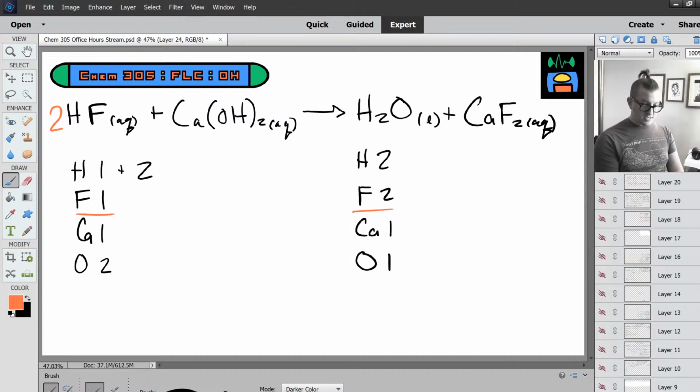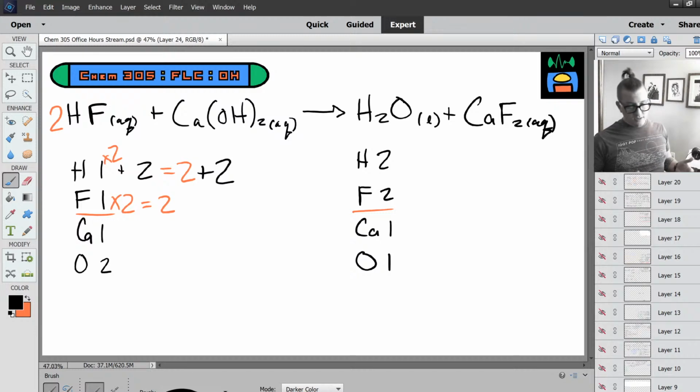You always want to go with what's easiest to balance, and the easiest thing that jumps out to me here is fluorine. We have one on the reactant side, two on the product side. We need two on the reactant side, so we multiply HF by 2. It changes our hydrogen count, so now we have 4 on our reactant side. 2 goes into 4 twice, so that tells me we need two water molecules on our product side.